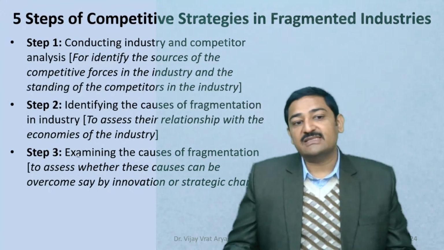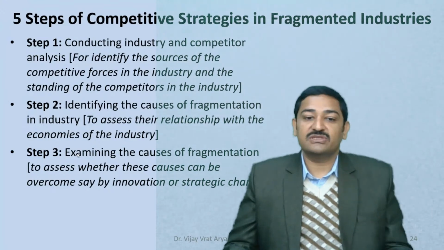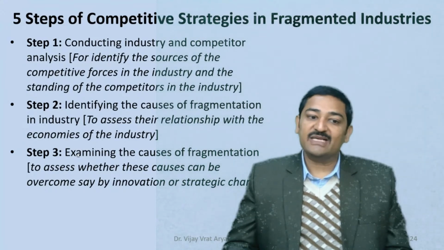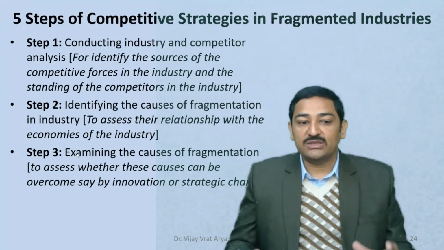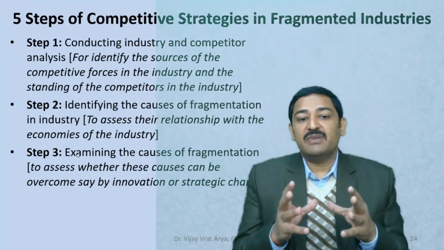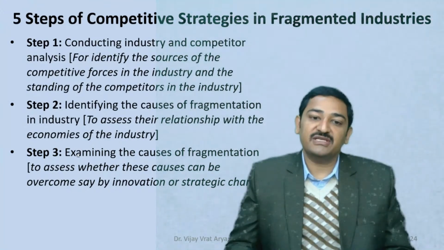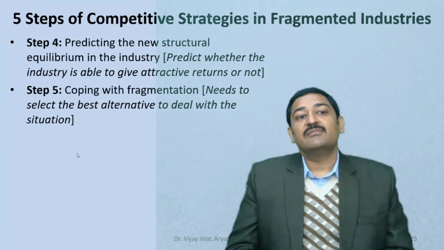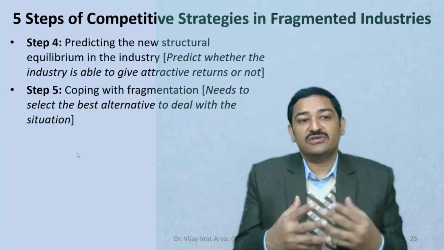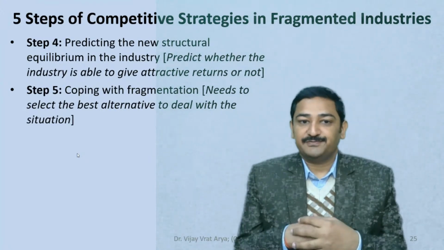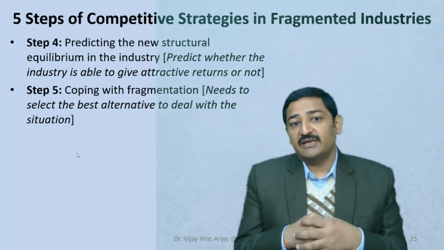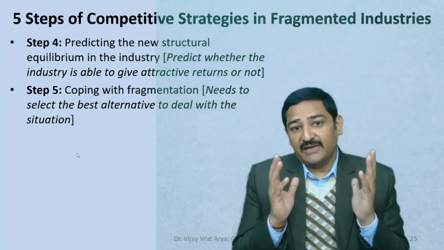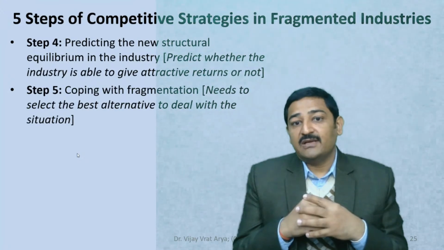The third step is examining the causes of fragmentation, where the idea is to assess whether these causes can be overcome, say by innovation or strategic change by the firm. The fourth step is predicting the new structural equilibrium in the industry, which can be taken care of by predicting whether the industry is able to give attractive returns or not.